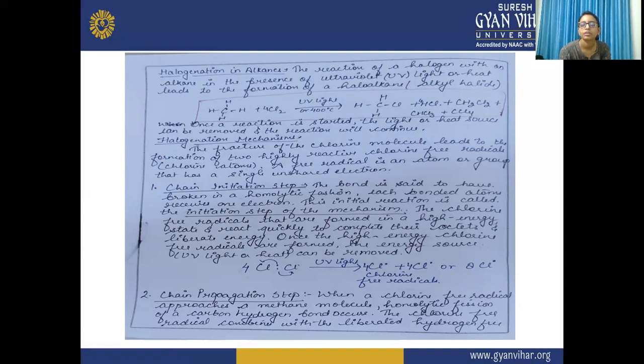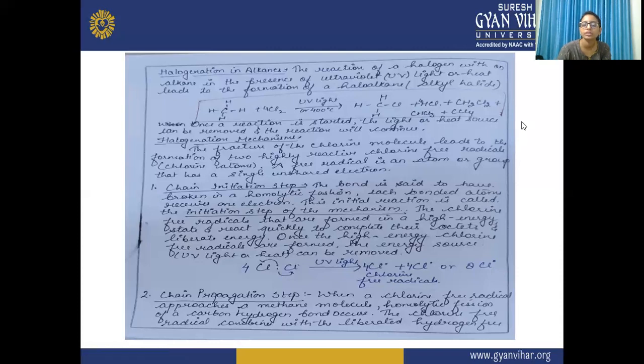So here there will be a formation of chloromethane, hydrochloric acid, dichloromethane, chloroform, and carbon tetrachloride.